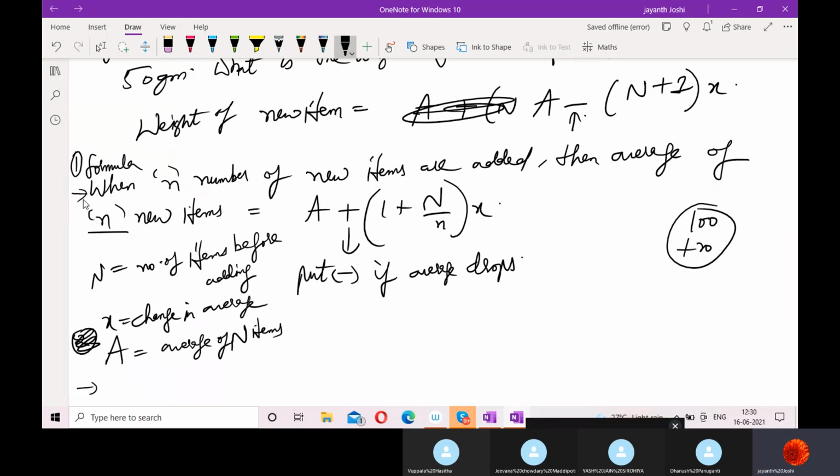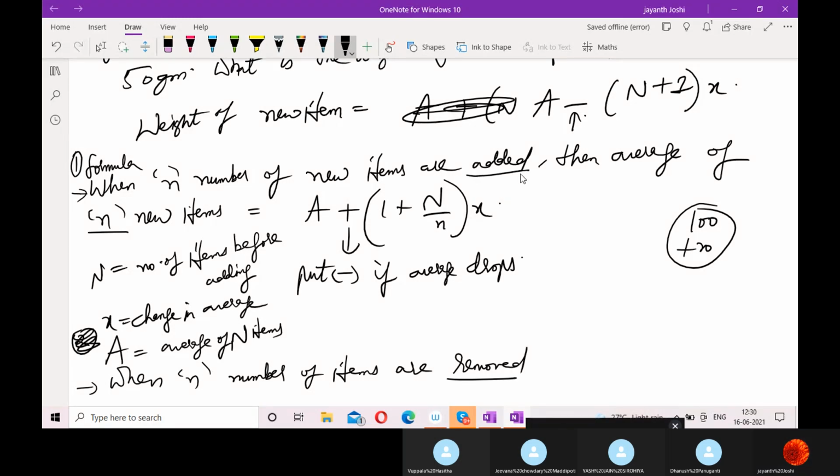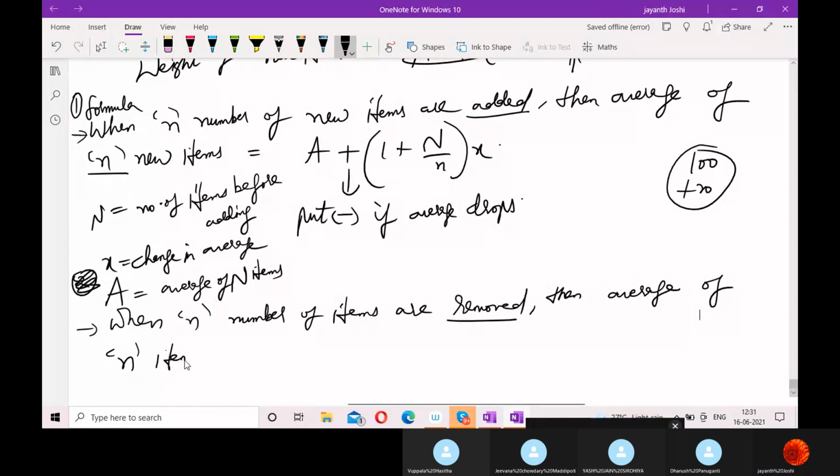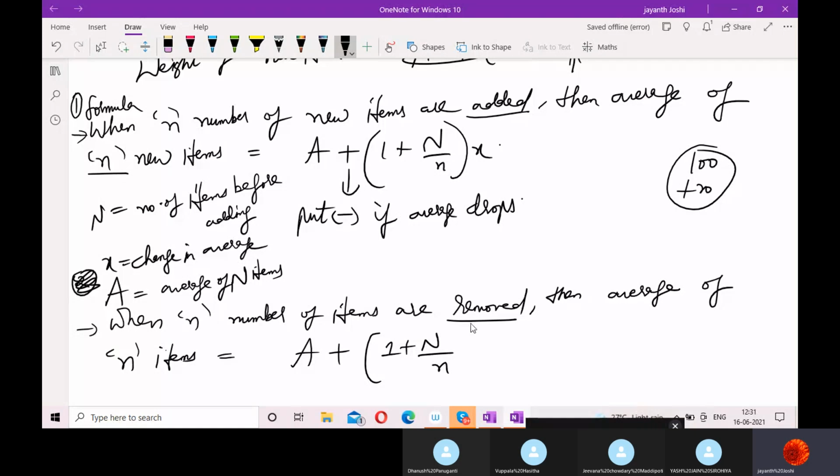Now formula number 2, when n number of items are removed, then average of n items is equal to a plus 1 plus n by n into x.